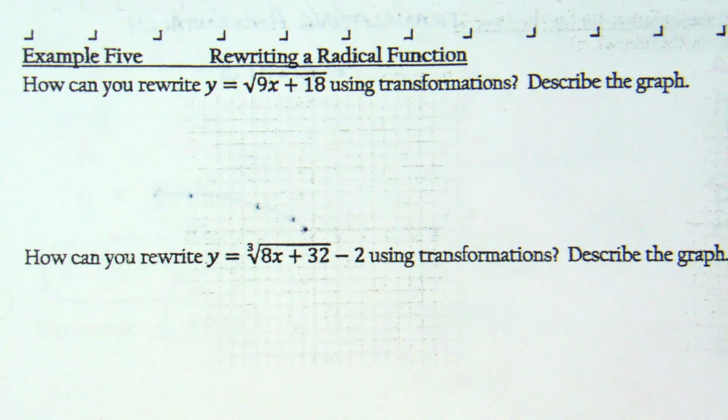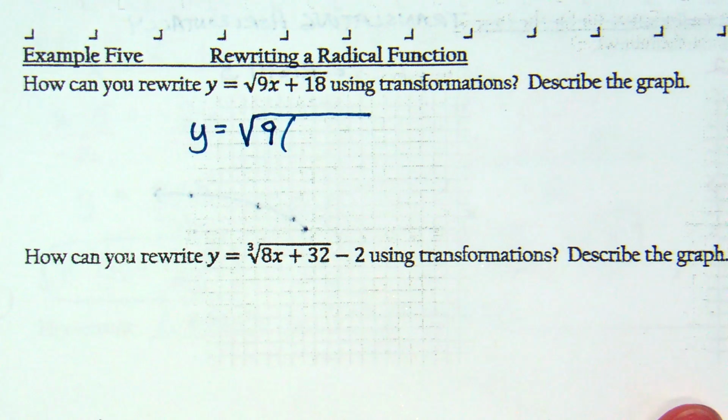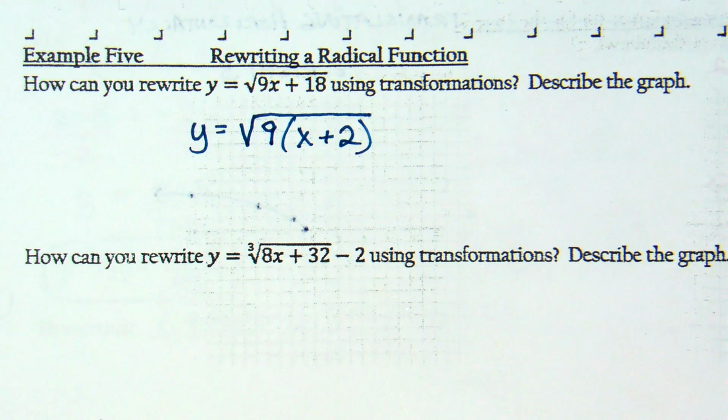It's still going to be under the square root, but under that square root, I'm going to factor out my GCF of 9. If I factor out GCF of 9, what remains in the parentheses? x plus 2. Because 9x divided by 9 is x, 18 divided by 9 is 2. What do you know about 9?